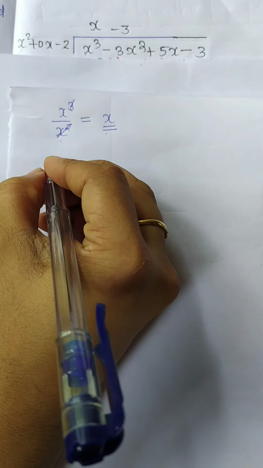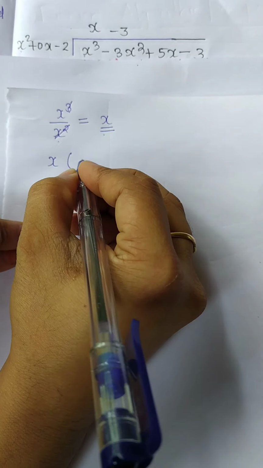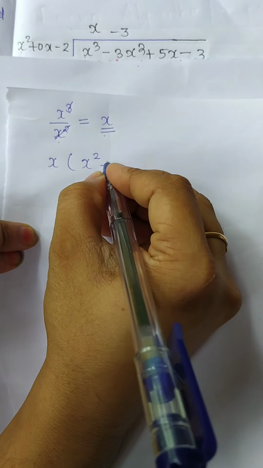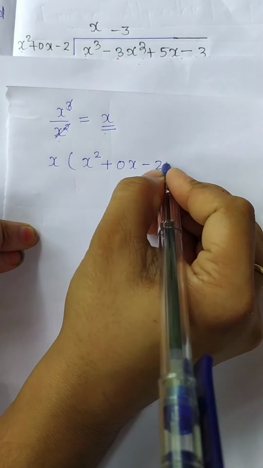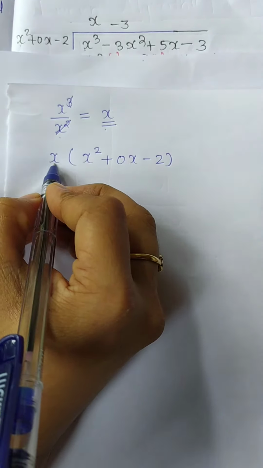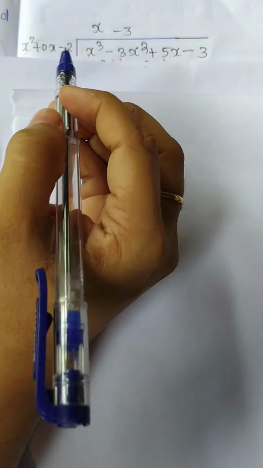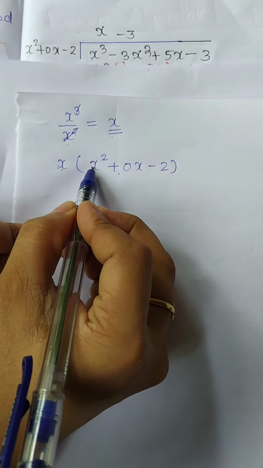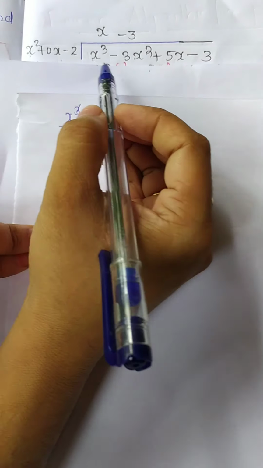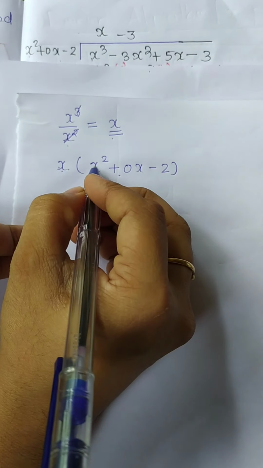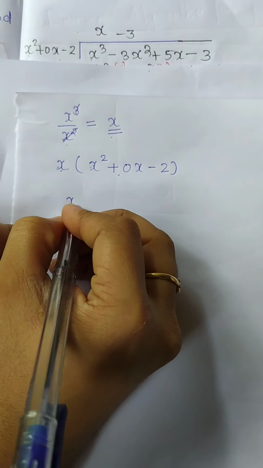Now what do you have to do? We have to multiply x by the divisor, x square plus 0x minus 2. Then x into x square: there are 3 terms, so we have to look at all 3 terms. x into x square, what do you get? That is x cube.